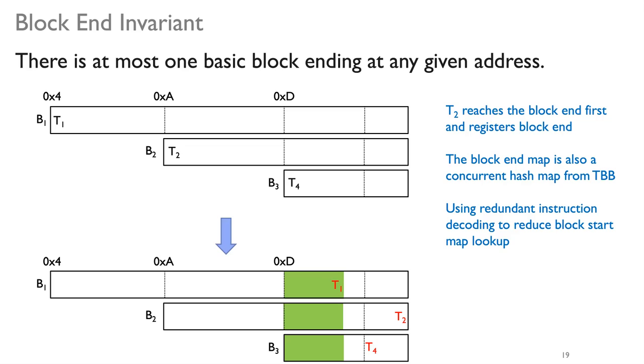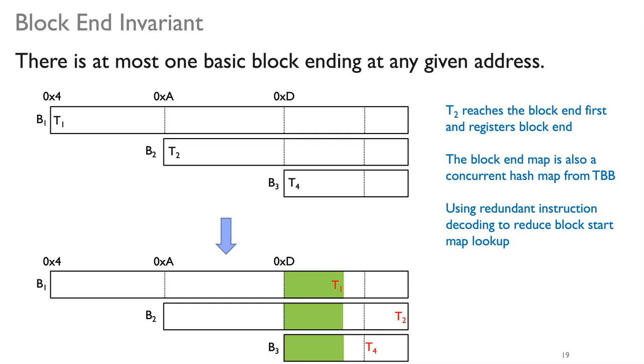You may see that T1, T2, and T4 have performed redundant analysis on a subset of the address range. For example, T1, T2, and T4 all have decoded machine instructions shown in the green region, which is a waste of work. An alternative implementation is to look up the block store address after decoding each instruction to detect block ending.